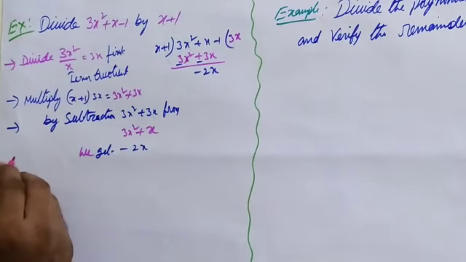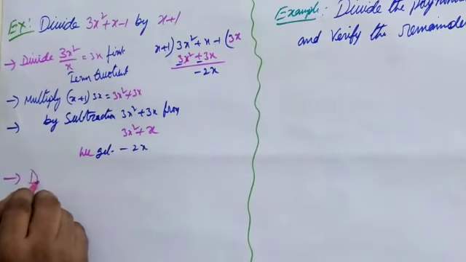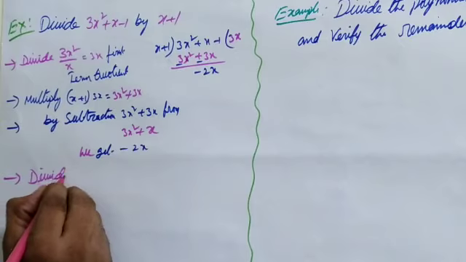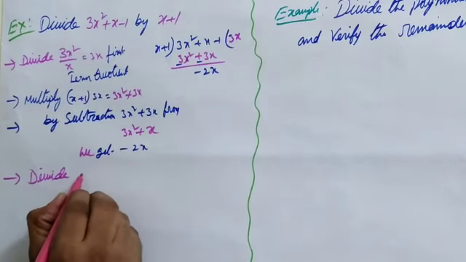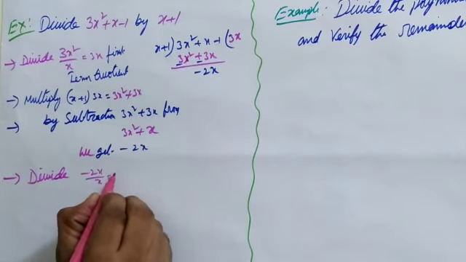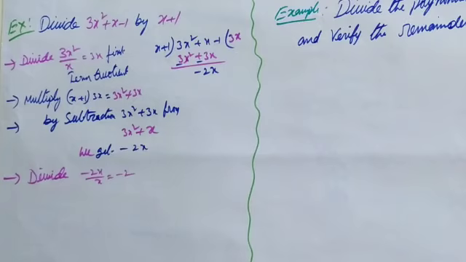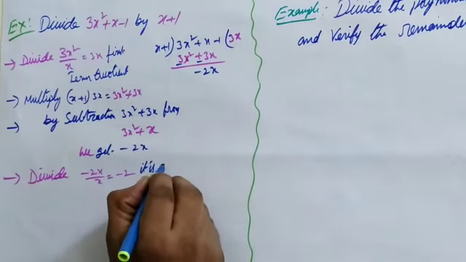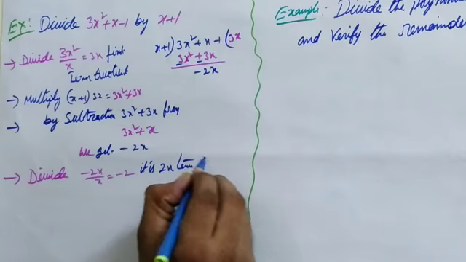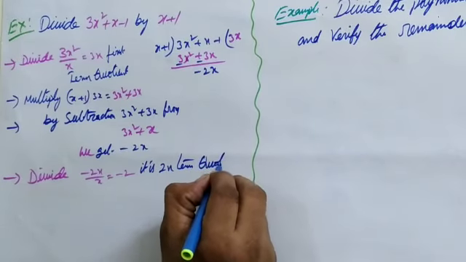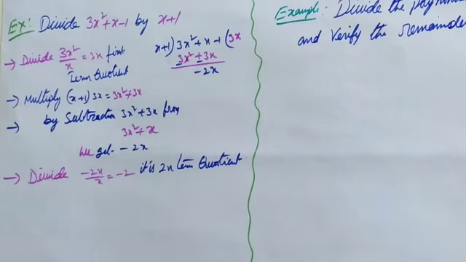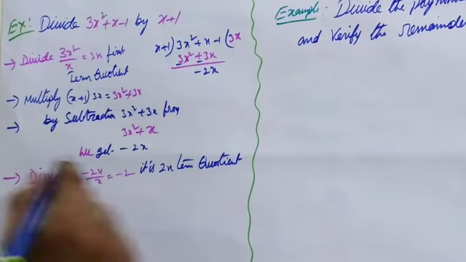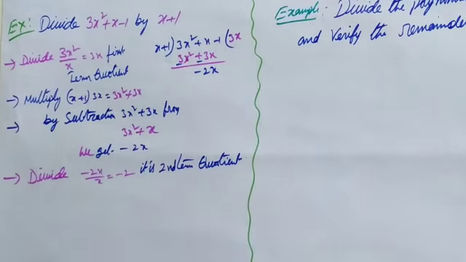Third, again divide minus 2x by x, which gives minus 2. This is the second term of the quotient.